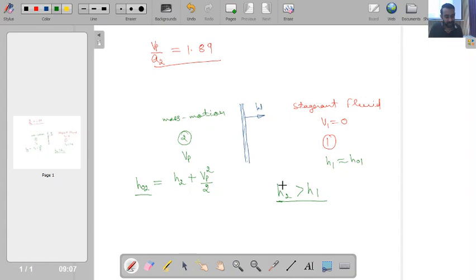As we have H2 greater than H1, and then we are also adding the term Vp square by 2 in order to get the stagnation enthalpy at point 2, it means that for the case of a moving shock wave, H02 will always be greater than H01. So the process through a moving shock wave is not isenthalpic, because the total or stagnation enthalpy over here is actually changing.